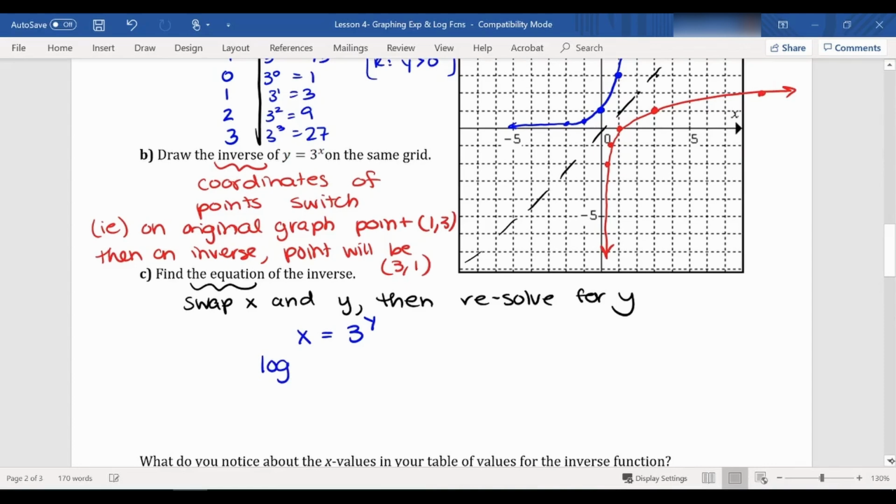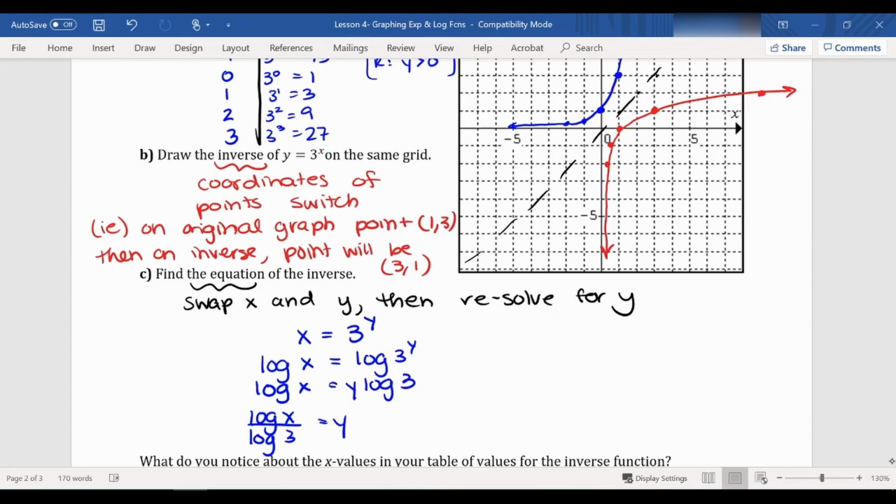So if I log the left and log the right, using our log laws, we can bring that y down. Now, if I divide both sides by log 3, I get log x over log 3 equals y.